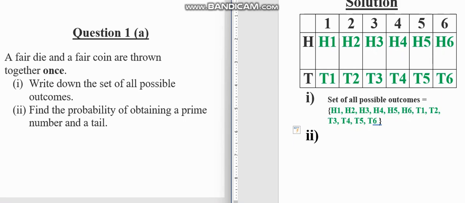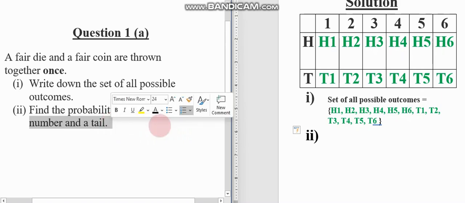Probability is calculated using the sample space and the number of events. So the event is what the question is asking you to find. That is the prime number. It says find the probability of obtaining a prime number and a tail. That's the one I've highlighted on the left hand side. So that is your event.